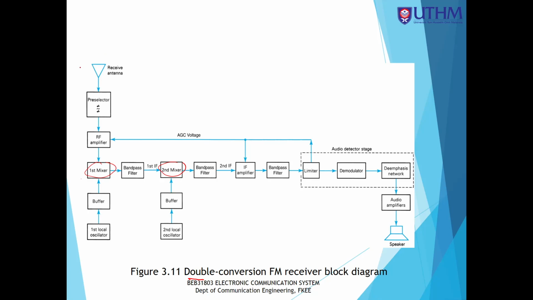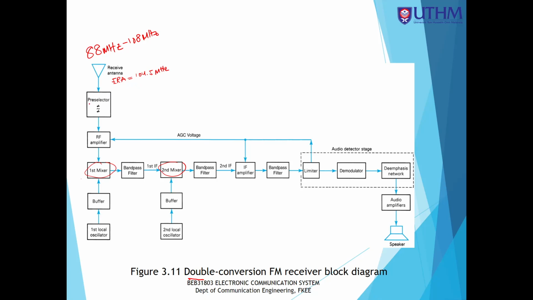For example, FM, we receive from 88 megahertz until 108 megahertz from the antenna. For example, I want to listen to a radio station, Era FM, which is 104.5 megahertz, for example.